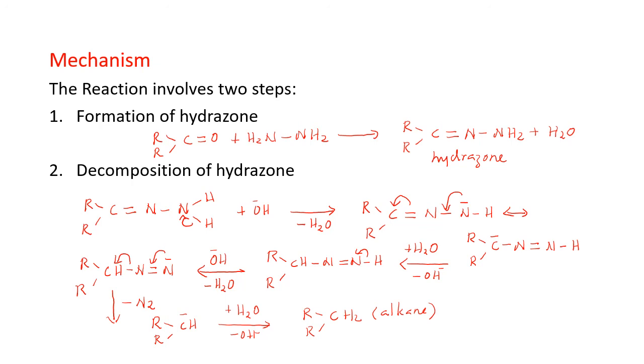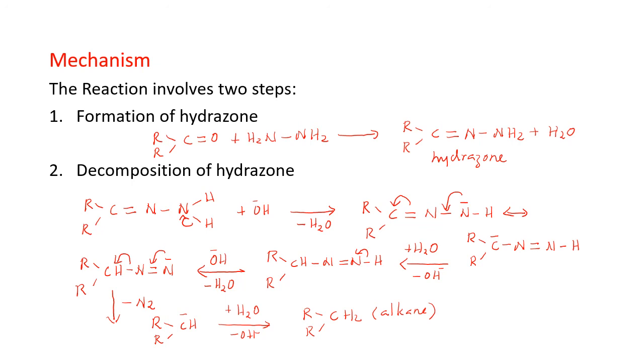So this reaction, Wolff Kishner reduction, converts a carbonyl compound into a hydrocarbon and the reagents employed are hydrazine in presence of alkali. The first step is formation of hydrazone and the second step is decomposition of the hydrazone. The different steps are attack of OH minus and replacement of a molecule of water, that is, a proton is eliminated and we get an intermediate which is resonance stabilized.